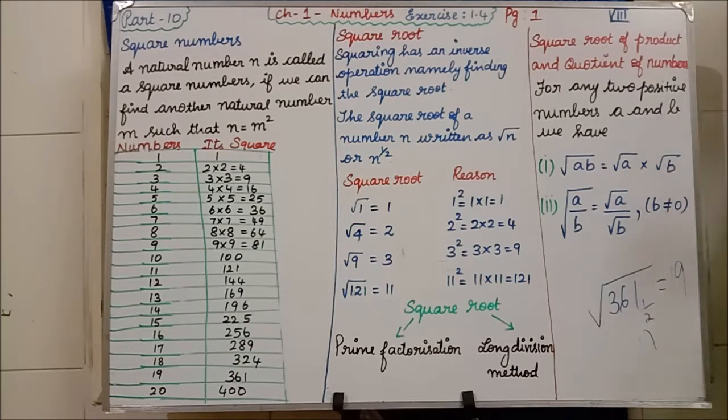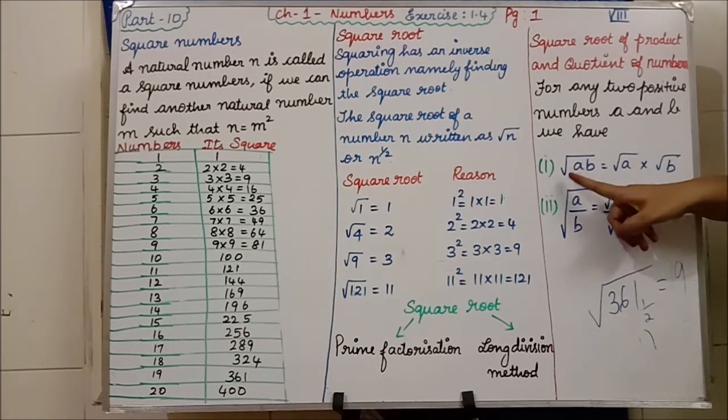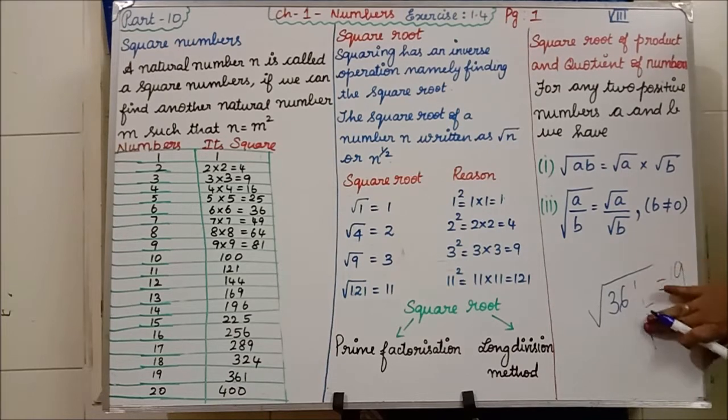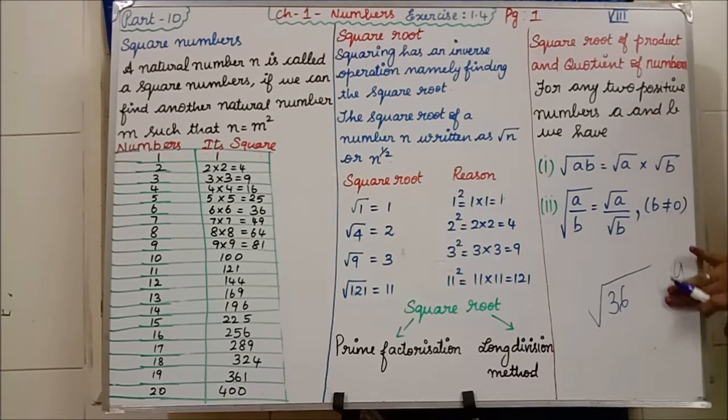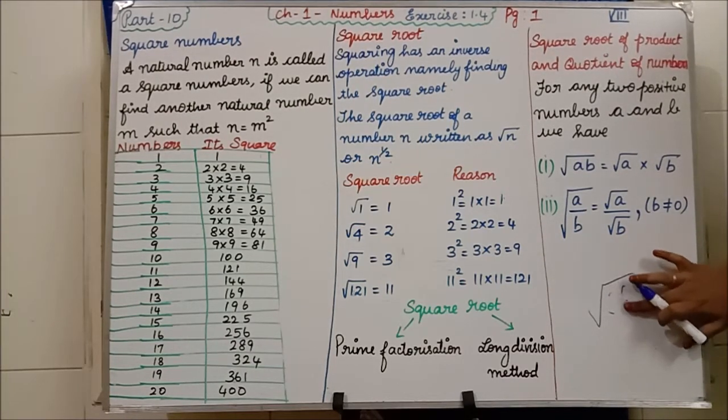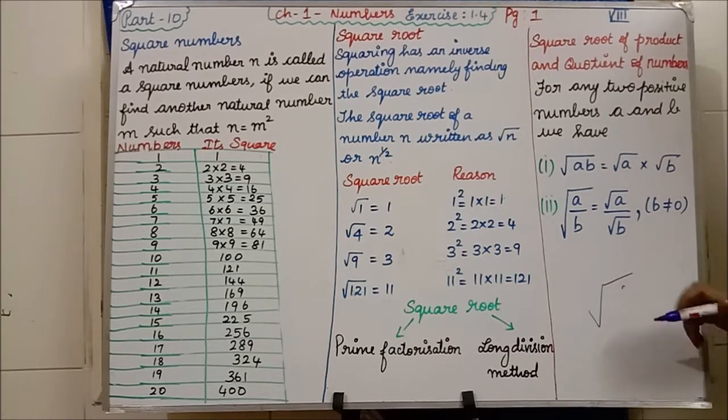Next, square root of product and quotient of numbers. Product means what? Multiply. Quotient means what? Divide. So if they are giving the square root of a product, which is square root of a into b, I will give you an example. Instead of a into b, I will give you 4 into 9.